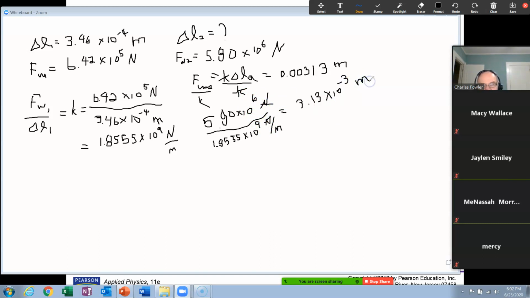But do you know what 10 to the minus 3 meters is? That's a millimeter, the thickness of a dime. So this now would be 3.13 dimes. That would be 3.13 millimeters. You don't have to change it, but just to get it into something you're familiar with.